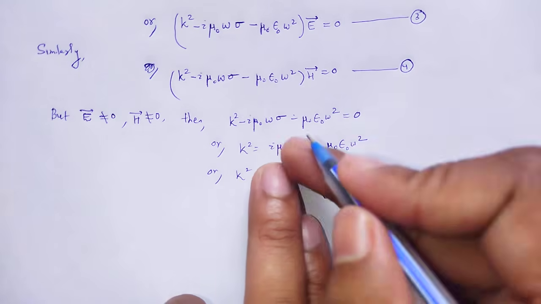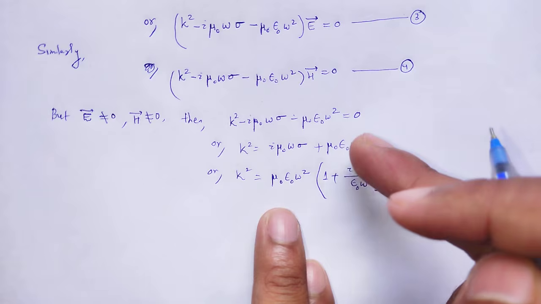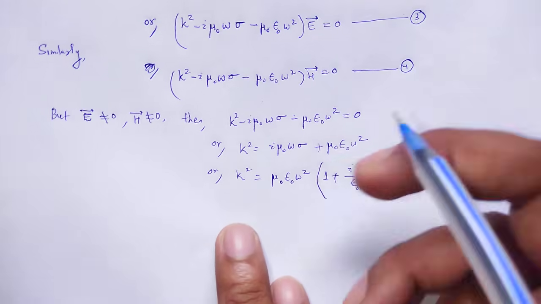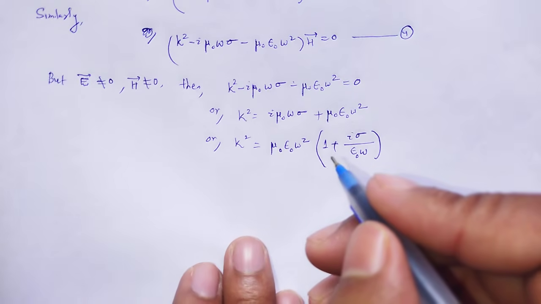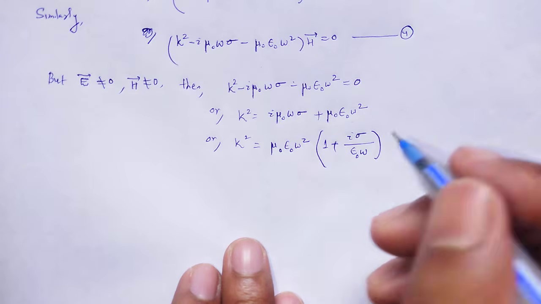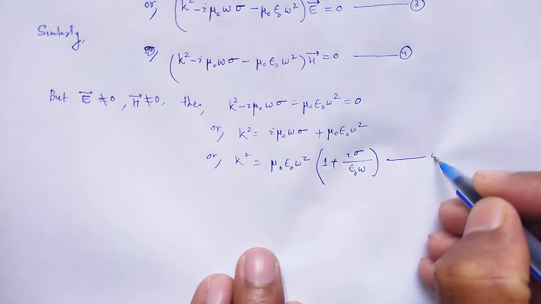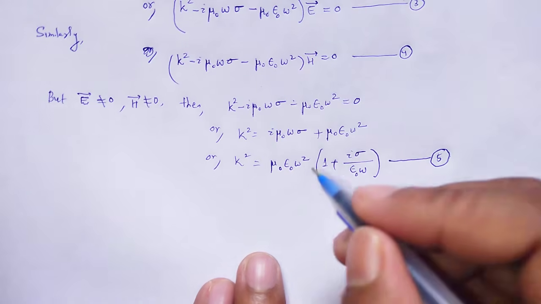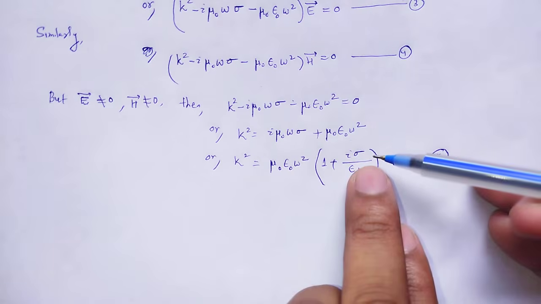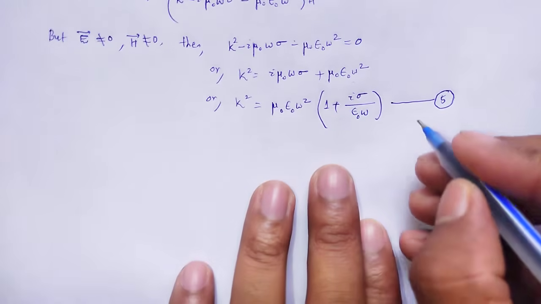Do not be confused. First I write that term, next this one. Let me refer to it as equation number 5.